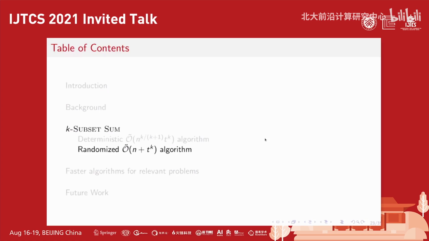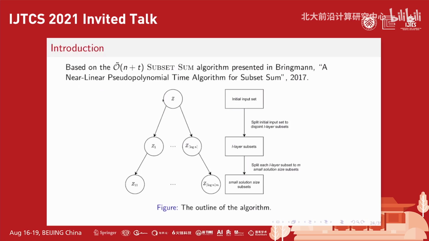And the second algorithm we developed is randomized, of Õ(n·t^(k-1)+t^k) complexity. This algorithm is based on the Õ(n+t) subset sum algorithm originally presented by Bringmann in this paper.